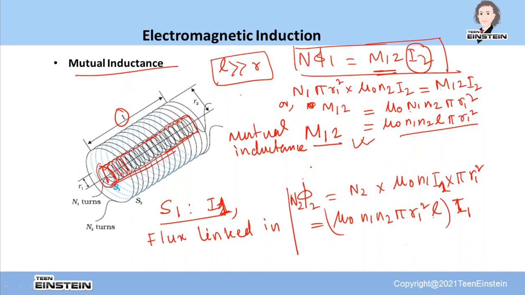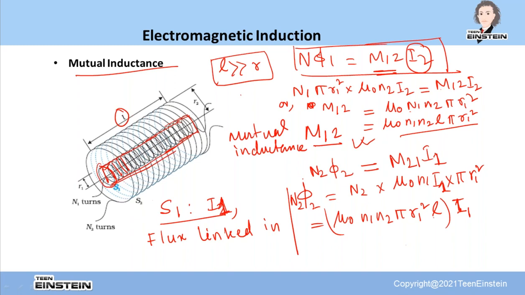And we know, according to our definition of inductance, N2 phi 2 will be M21 into the current in solenoid 1.